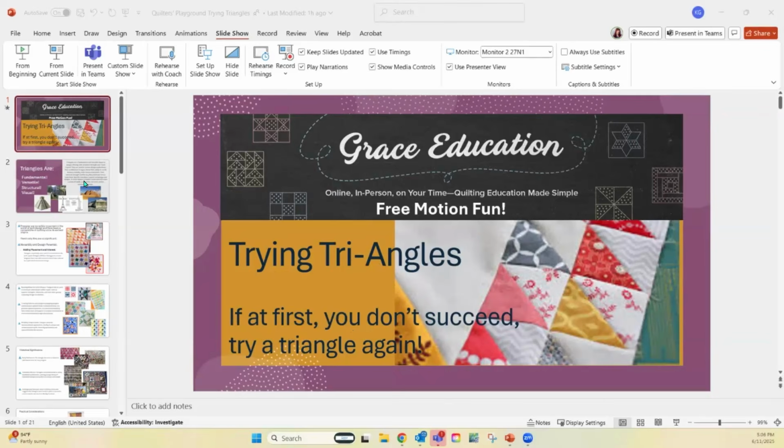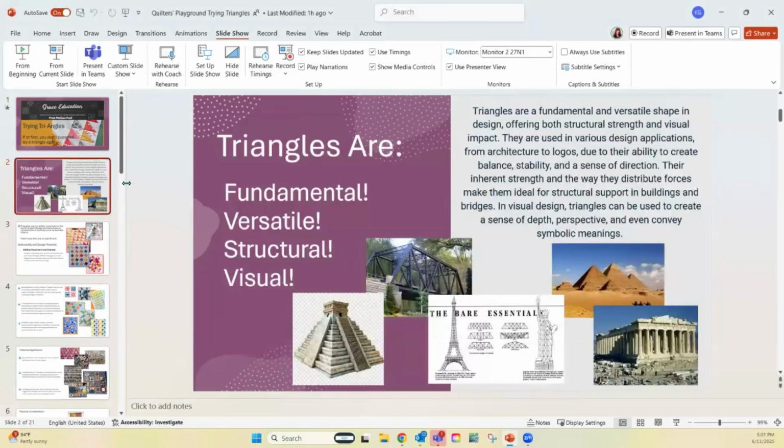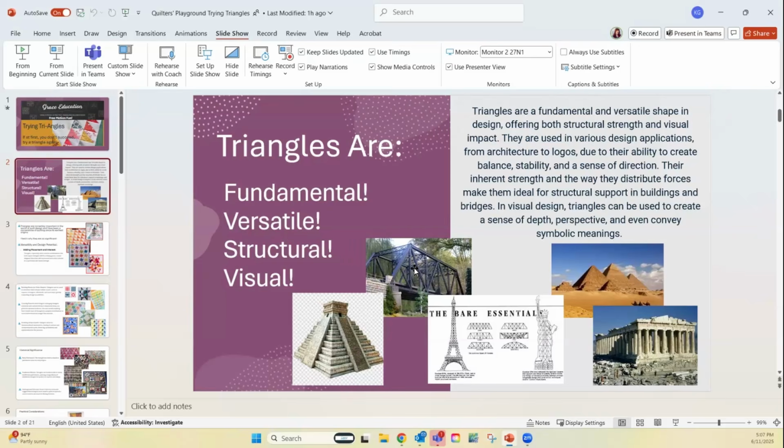On the next page, let's talk about how triangles are in the evolution of the world and the creation of things. Triangles have been so pivotal and so important for structures, for depth perception, and for conveying symbolic meanings. I didn't realize how pivotal they were for the world of design.